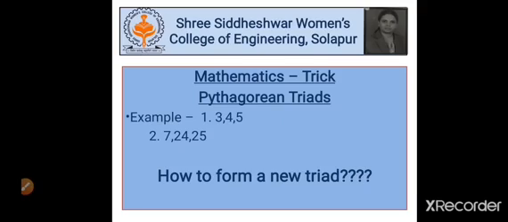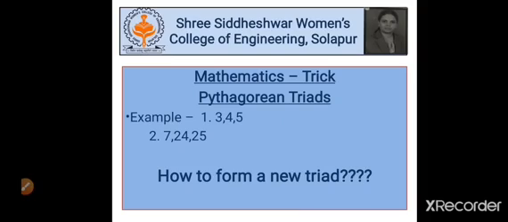Now suppose you are given one example where the sides of the triangle are 3 units, 4 units and 5 units. And if you are asked to check whether the given triangle is a right angle triangle or not, we apply Pythagoras theorem. And we can prove that 3 square plus 4 square equals 5 square. And hence by the converse of Pythagoras theorem, we can say that the given triangle is a right angle triangle.